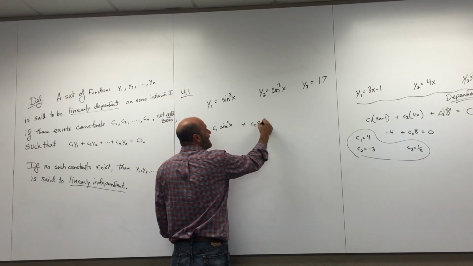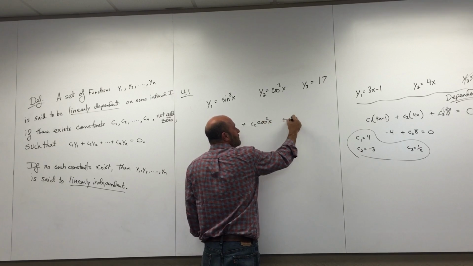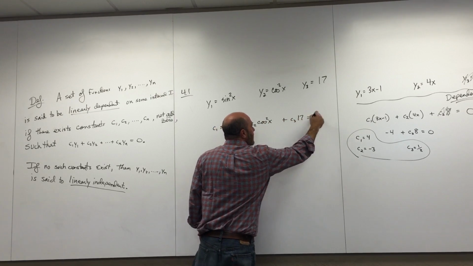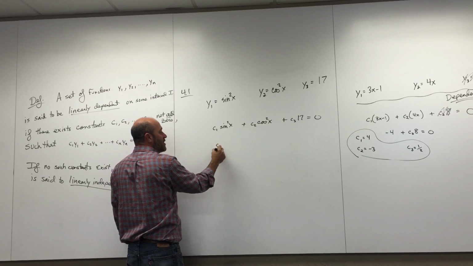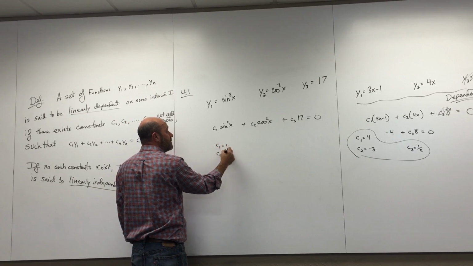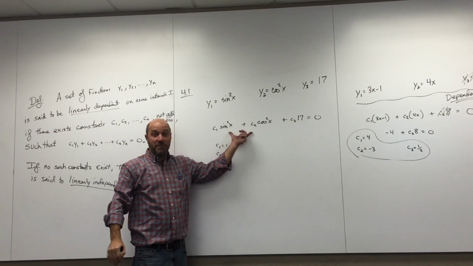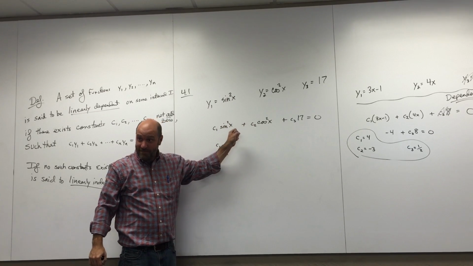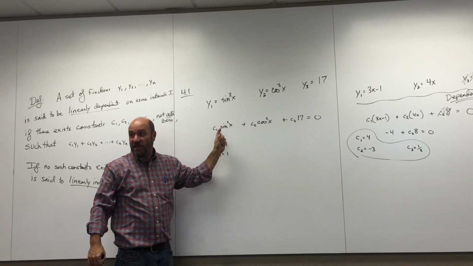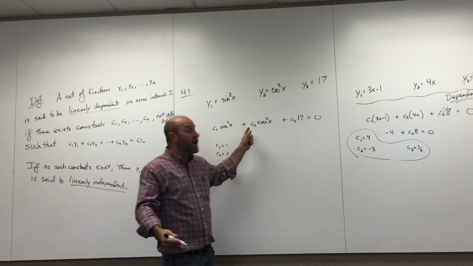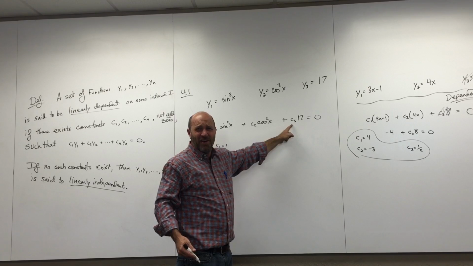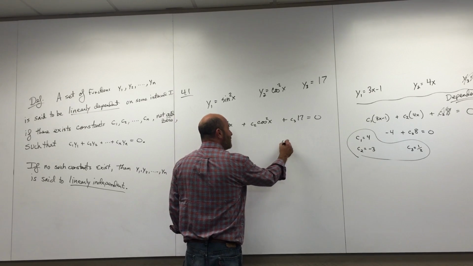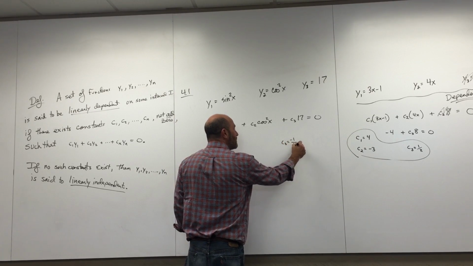You're saying, due to the wonders of trig identities, let C1 and C2 both equal 1, because then this will add up to be 1, since sine squared plus cosine squared is 1, and then let C3 be negative 1/17. That's my favorite number, by the way.